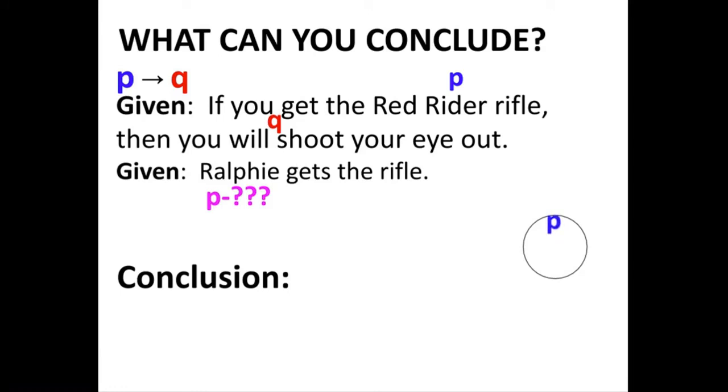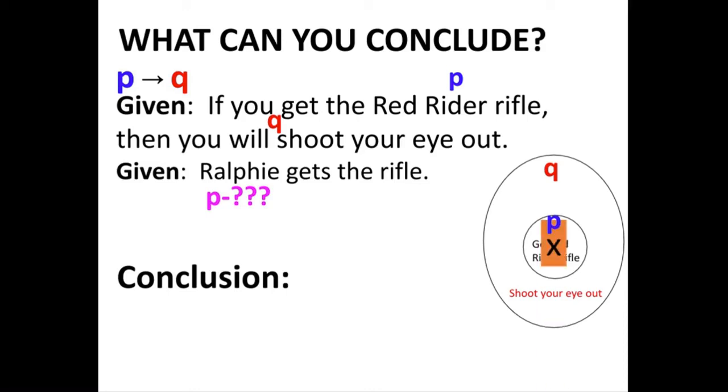My statement P is, I get the Red Ryder rifle. My statement Q is, you're going to shoot your eye out. And now I have to decide, does Ralphie getting the Red Ryder rifle go in the innermost bullseye, or does it not fit in the inner bullseye? In this case, Ralphie getting the rifle is logically identical to the hypothesis.